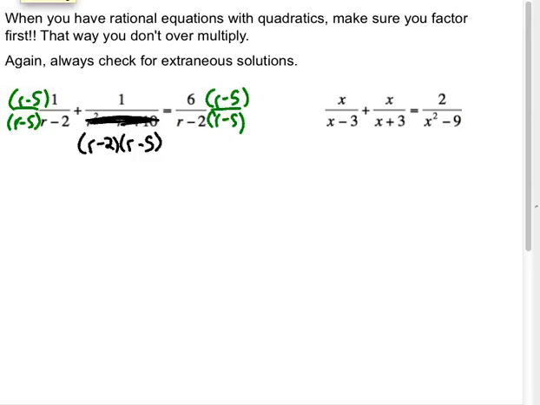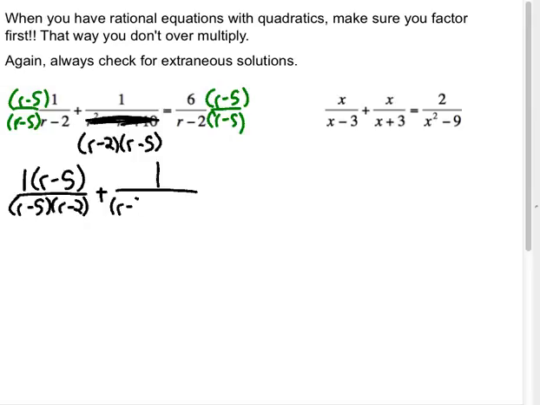So what does that give me? Well, it gives me this for my first fraction. The second fraction doesn't change at all. It didn't need anything. It already had the complete denominator.